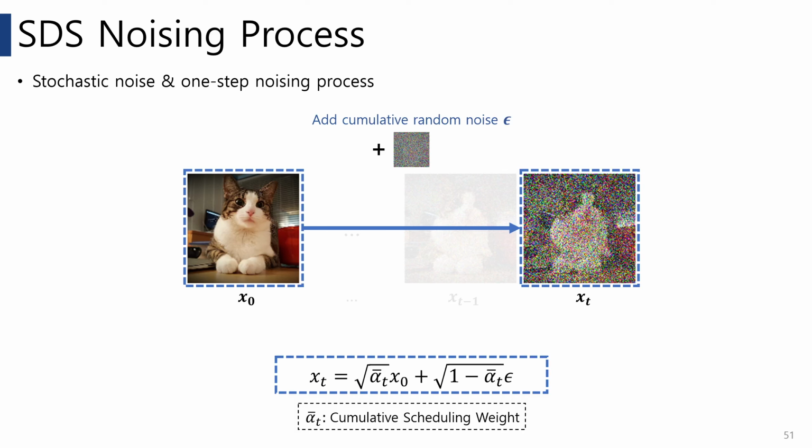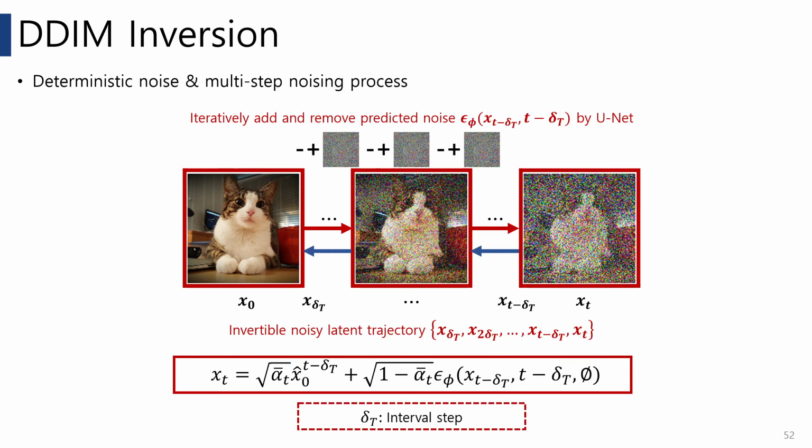The noising process in SDS is performed in a single step using cumulative random noise, that is, stochastic noise. On the other hand, DDIM inversion defines an interval step delta between time step 0 and t.